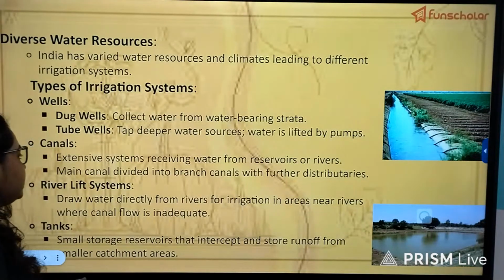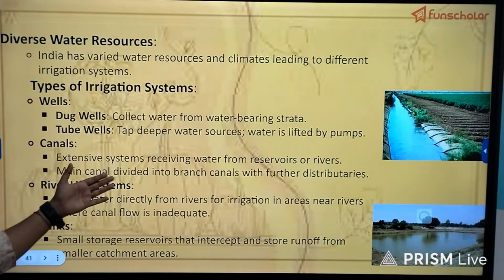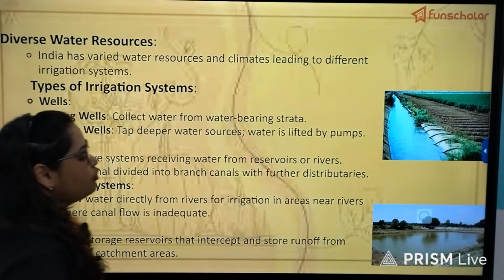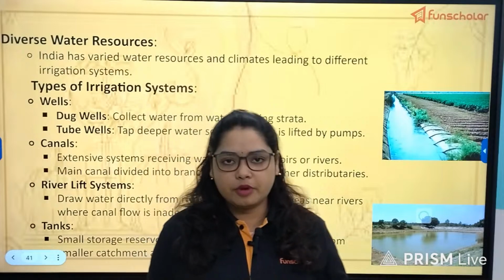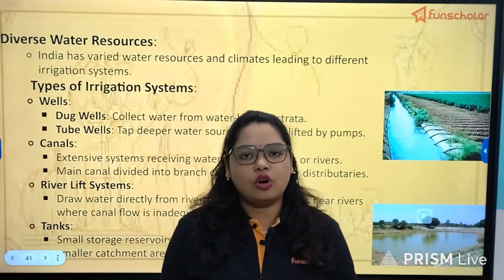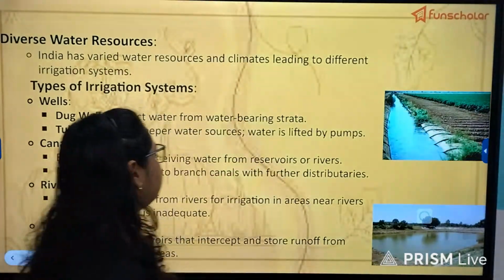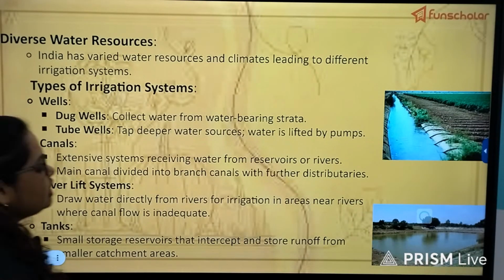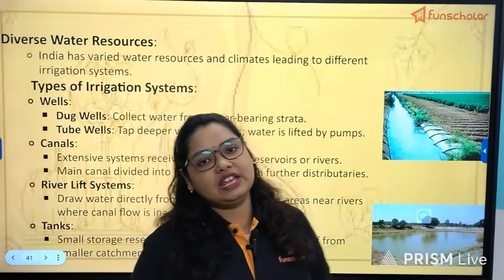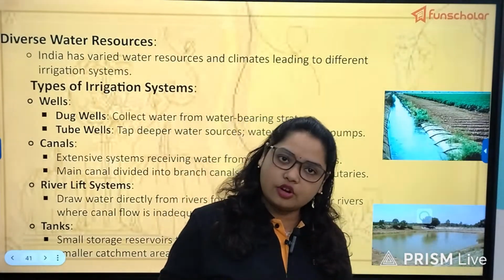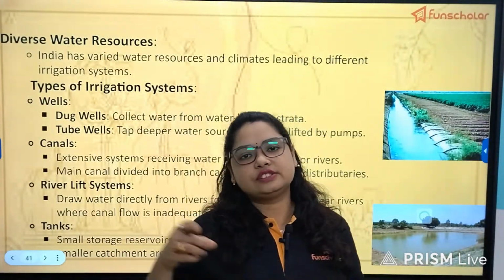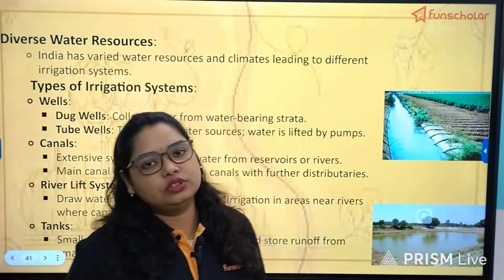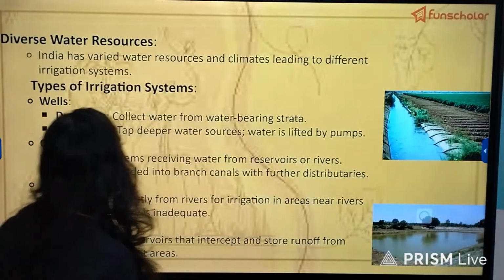In case of canals, an extensive system of branches is made which will supply water from the river or nearby water reservoir to the entire crop field. And in the river lift system, water is lifted from a river far away from the crop field and then stored in a reservoir and then supplied to the desirable crop field.